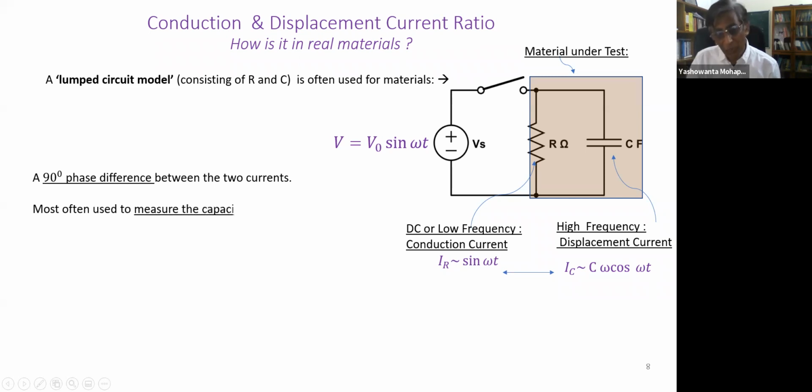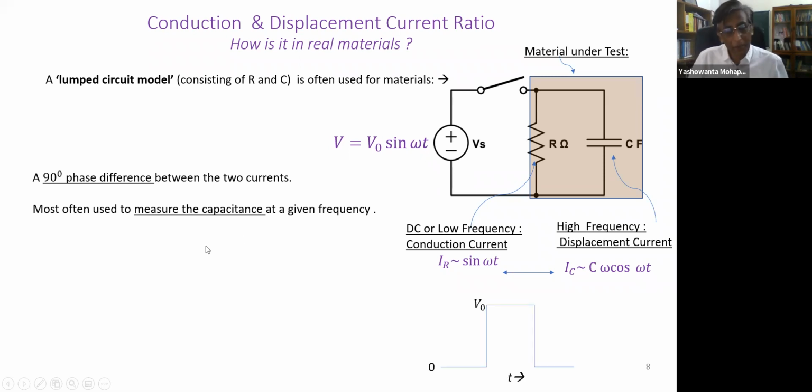So it is most often used to measure the capacitance. If I know omega, the frequency of my signal, and I know V naught, I can find the current which is 90 degrees out of phase, and from its magnitude I can calculate the capacitance. So capacitance is dynamically figured out by simply measuring the current which is 90 degrees phase shifted from the applied voltage.